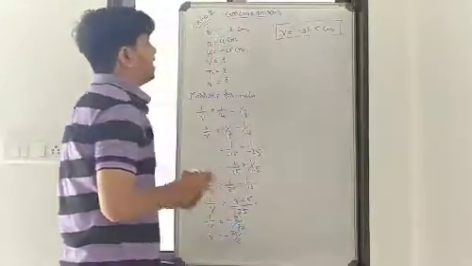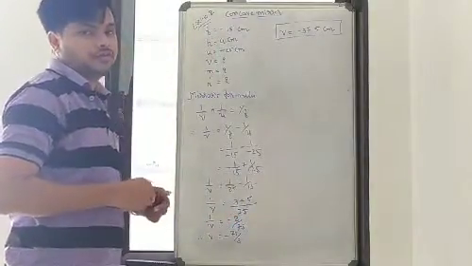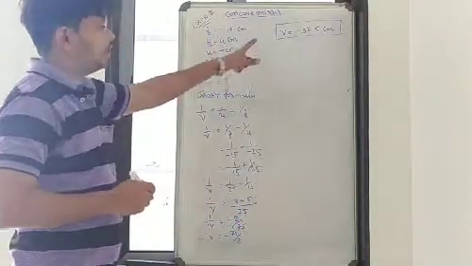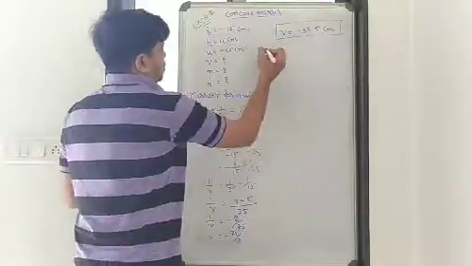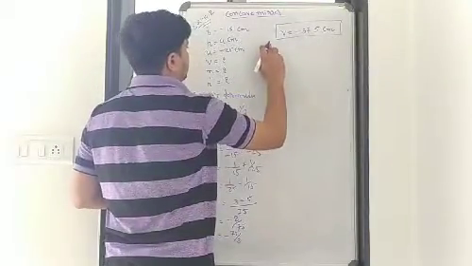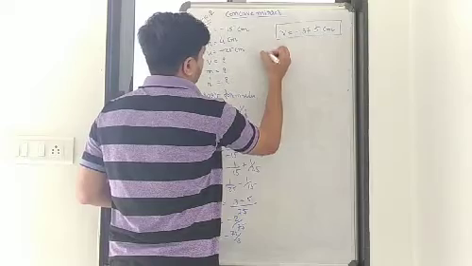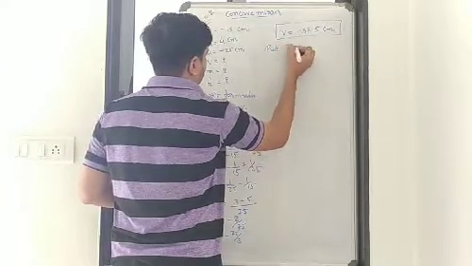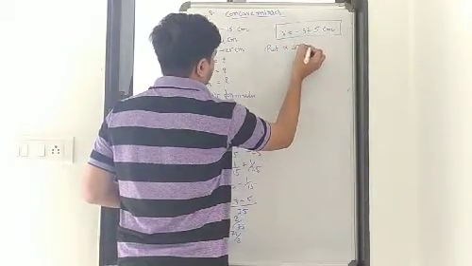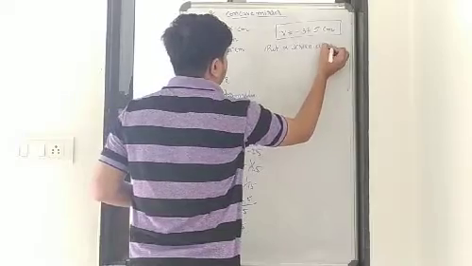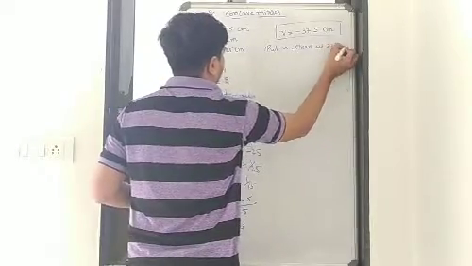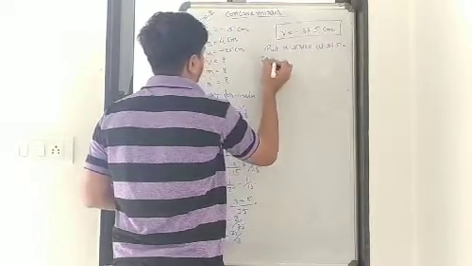So V is minus 37.5 centimeter, which is the image distance. So we have to put a screen at 37.5 centimeter from the mirror.